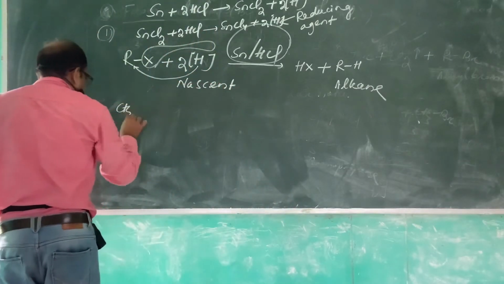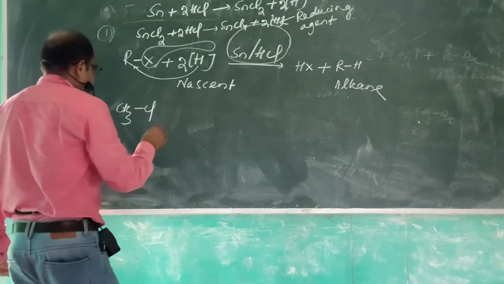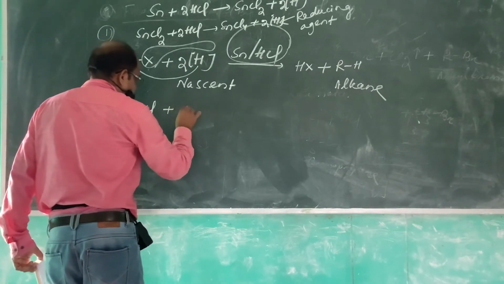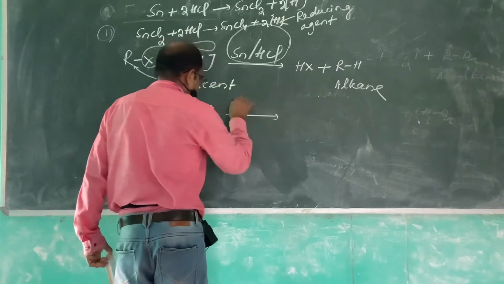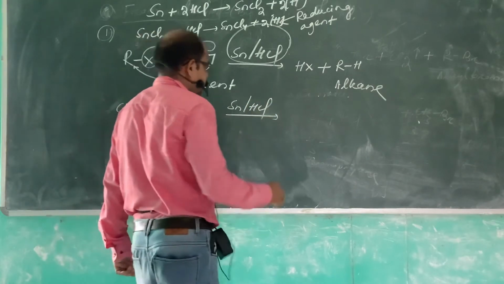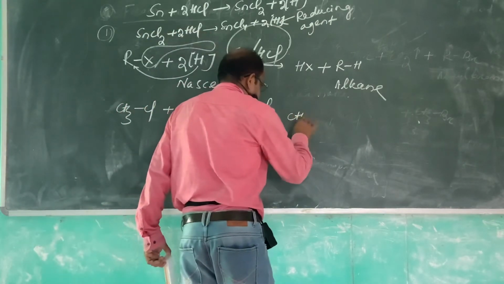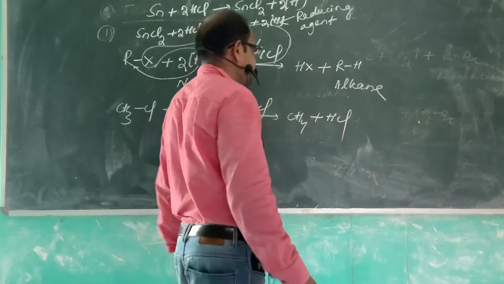Let us consider methyl chloride. When methyl chloride undergoes reduction in the presence of tin and hydrochloric acid, it gives methane along with hydrochloric acid, HCl.